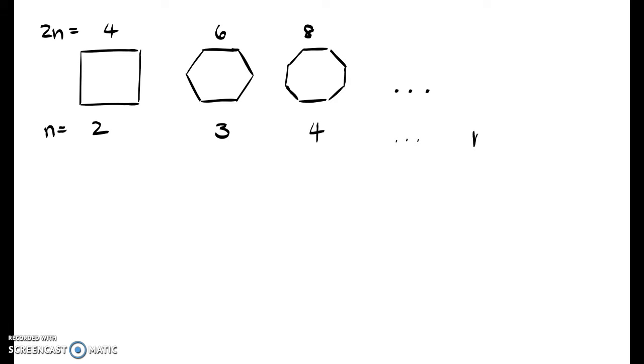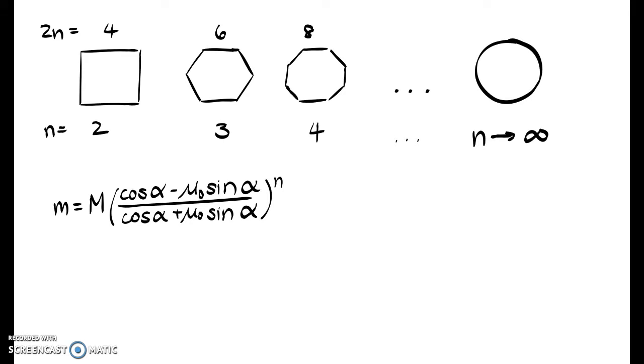So when n approaches infinity, our 2n-sided polygon also approaches infinity for its number of sides. And if we think about it, a circle doesn't really have any sides, or we could say it has infinitely many sides. So our 2n-sided polygon then approaches a circle.